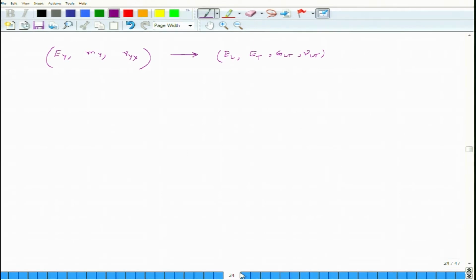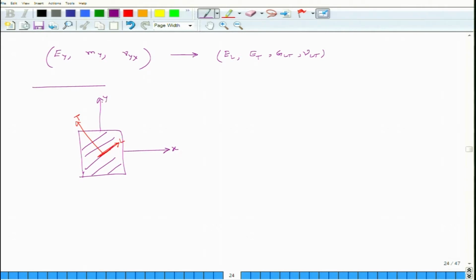So here we have this material, and this is my x direction, this is the L direction, this is my transverse direction, and this is my y direction.